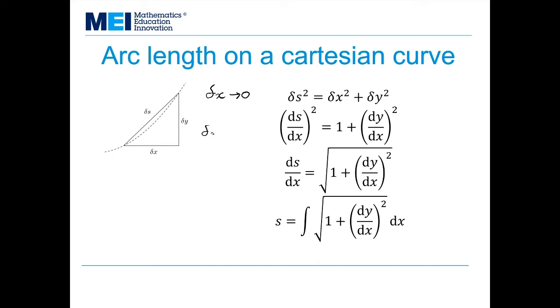The 1 is coming from the fact that delta x over delta x is 1. So in the limit, this would be dx by dx, which by definition is 1. Then I can take the square root of this expression, and finally I can integrate to get s. So s is the integral of the square root of 1 plus dy by dx all squared dx.